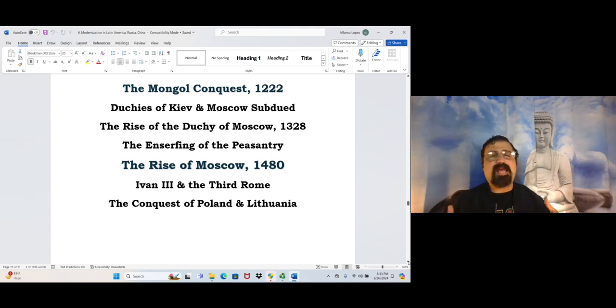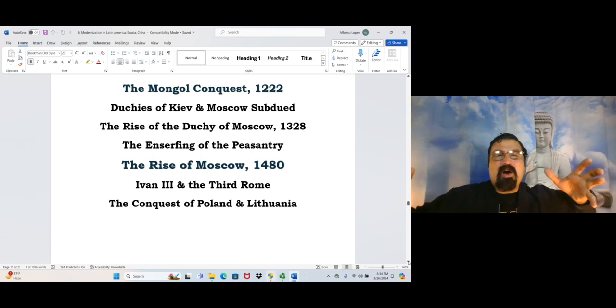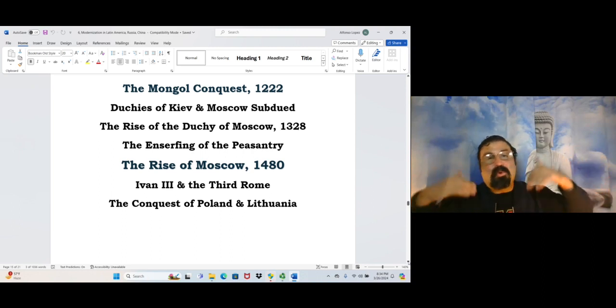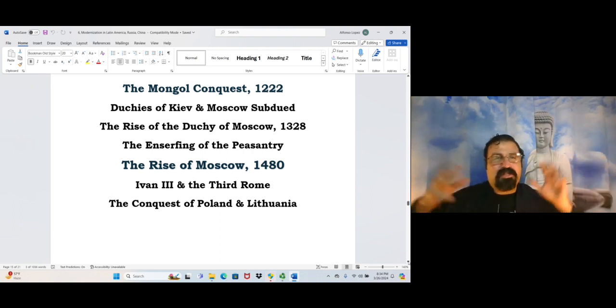Now, in 1328, however, Moscow, which really started out, as I mentioned, as an urban center, was growing territorially. It was growing in terms of population as well. And it is now attaining a new status, the status of a duchy as well. They're ruled now by a monarch. So this is now another power center.